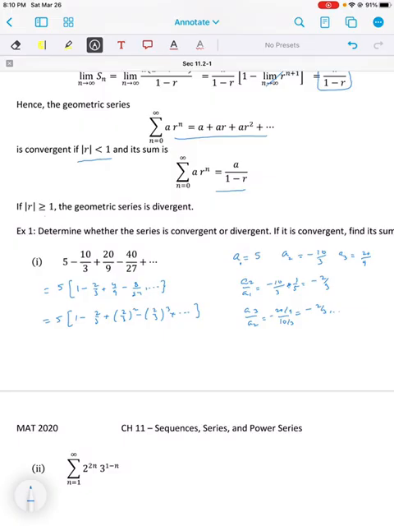So notice that this looks like a geometric series with a equals 5 and r equals, actually, negative 2 over 3. The absolute value of r is the absolute value of negative 2/3, which means 2/3, and which is less than 1. So the series is convergent.